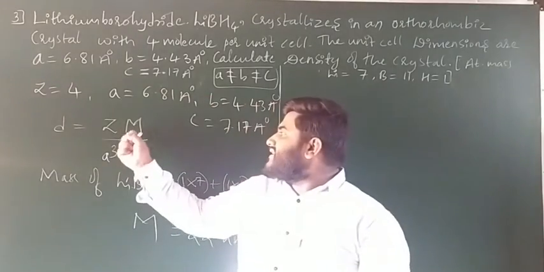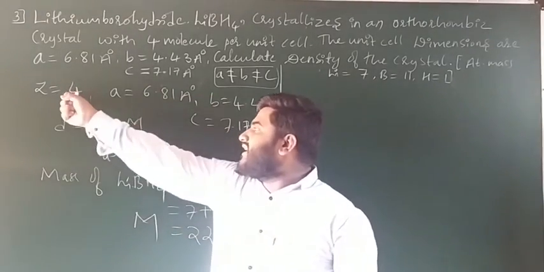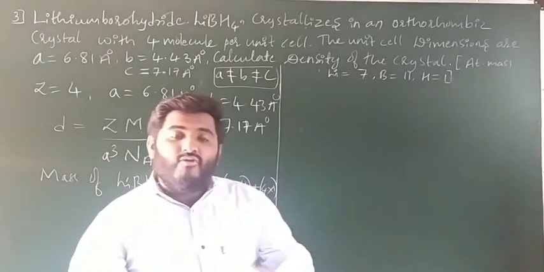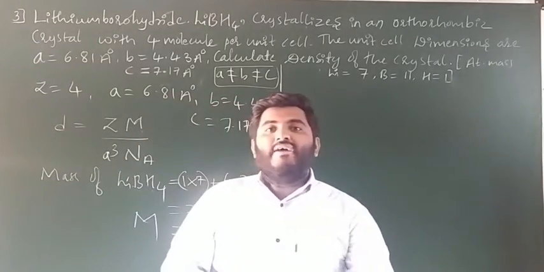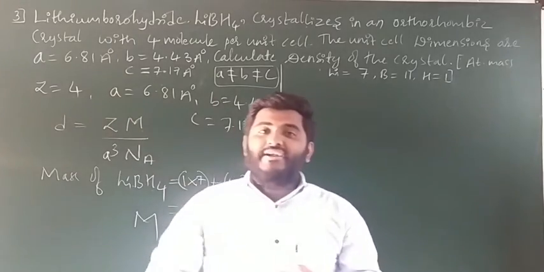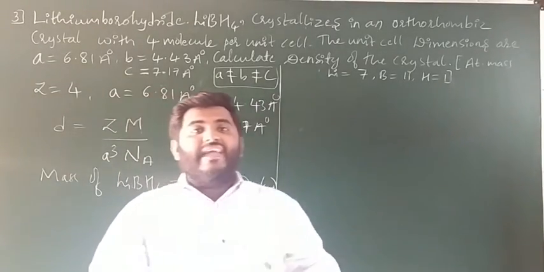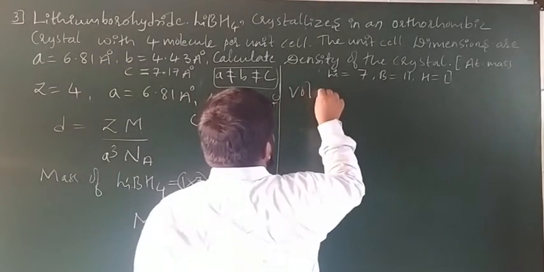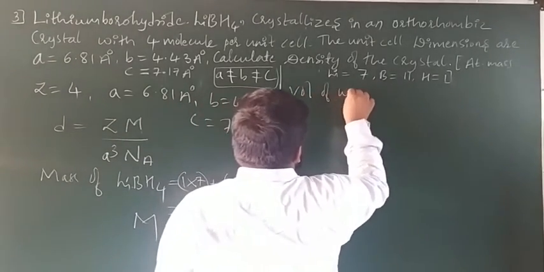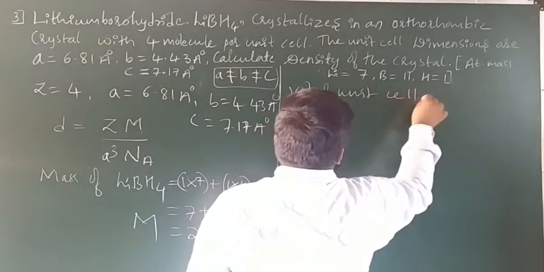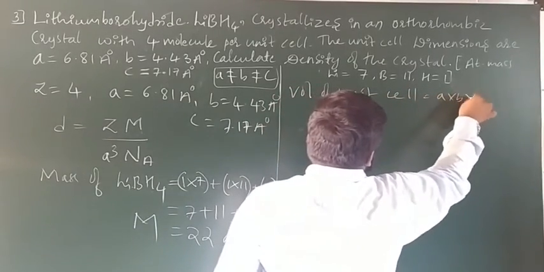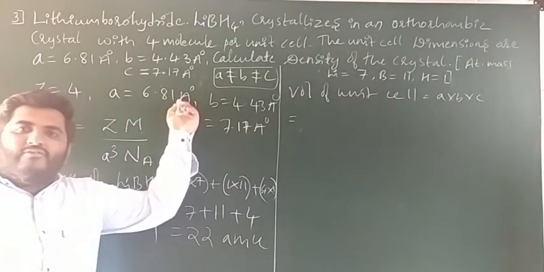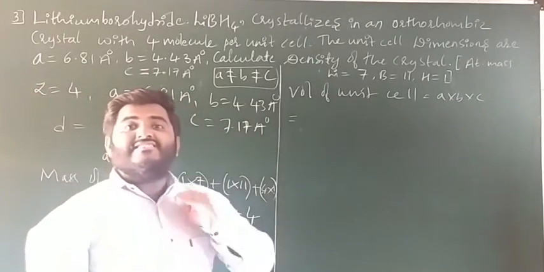Then what do we want, guys? Molar mass we got. Z is already given. Na we know. What about A cube? A cube is the volume of the unit cell, but here all the edges are different. Therefore we have to take A into B into C. Volume of unit cell is equal to A into B into C. You are given the values in angstroms, but we want centimeters.